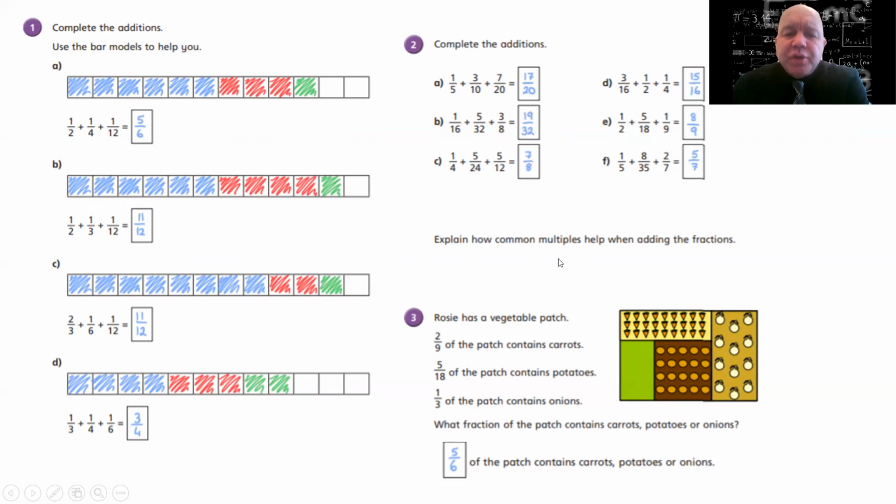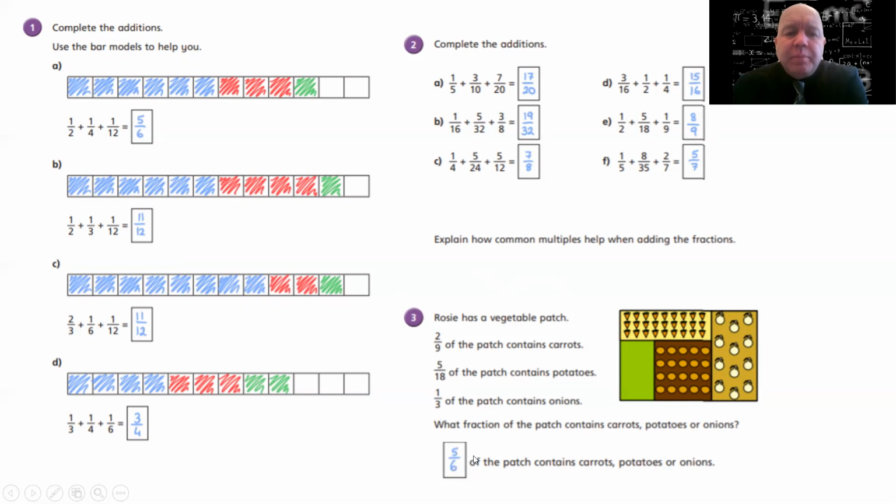Okay, and for question 3, Rosie's vegetable patch. Basically, you're adding these three fractions. She's got 2/9 carrots, 5/18 of the patch is potatoes, and 1/3 is onions. So we're adding all three together and turn them into 18ths, and we will wind up with 15 over 18, and that will simplify down to 5 over 6.